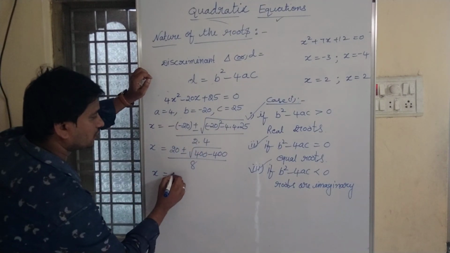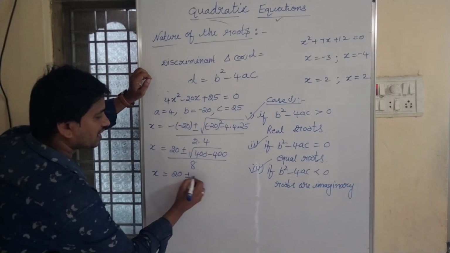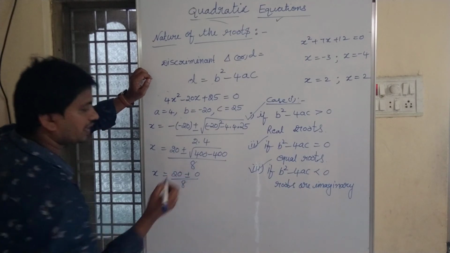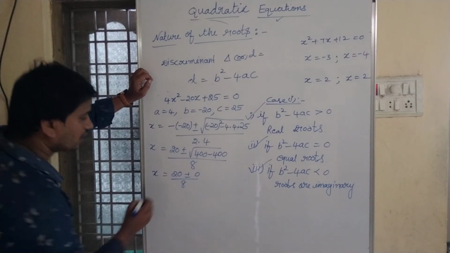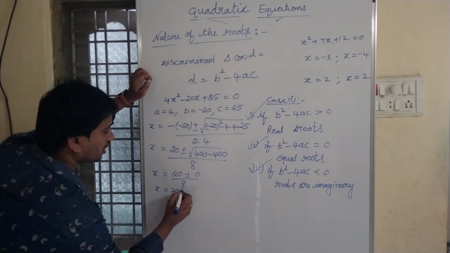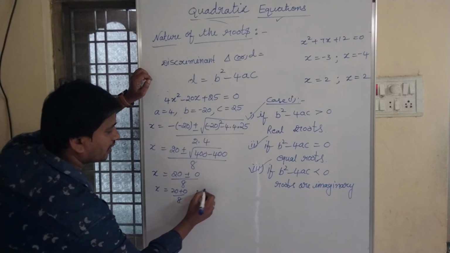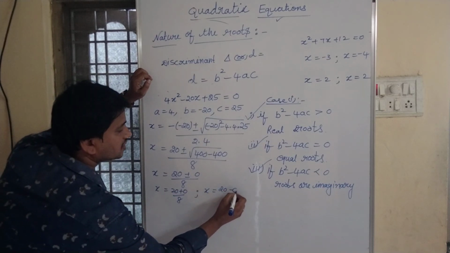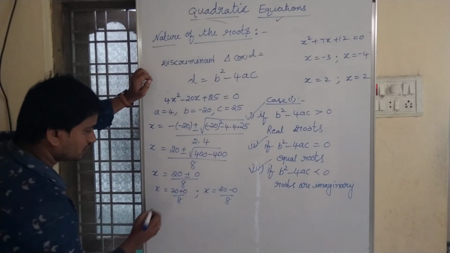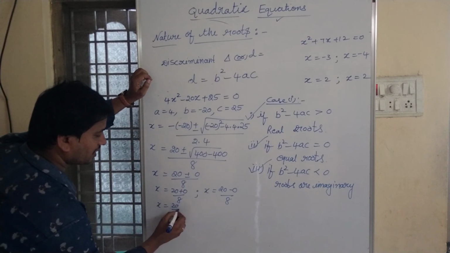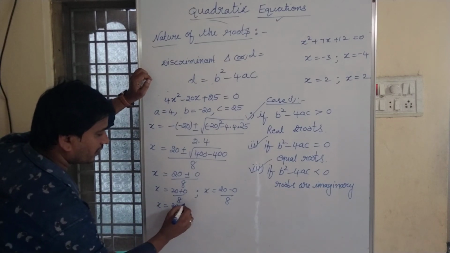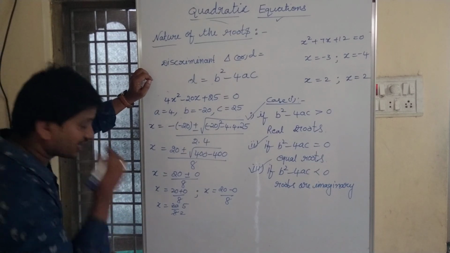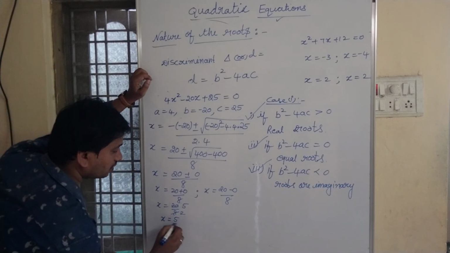So x is equal to 20 plus or minus 0 by 8. One time you will get 20 plus 0 by 8 and other time you will get 20 minus 0 by 8. So 20 by 8, children, so one root is x is equal to 5 by 2.